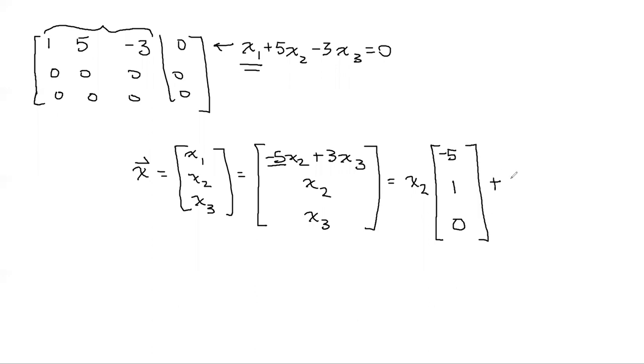Similarly, we'll then add on to that how many copies of x3 each of these have. So x1 has 3 copies of x3, x2 has no copies of x3, and x3 has one copy of x3. So this is what our solution set looks like. And again, this is parametric vector form.